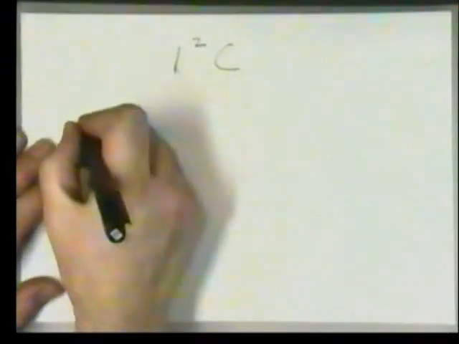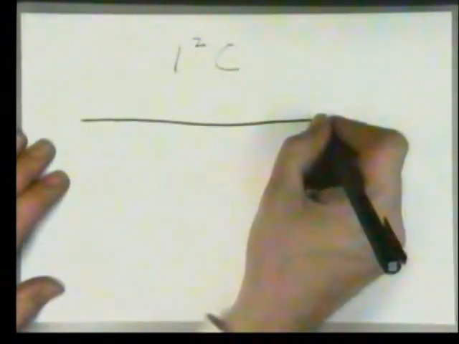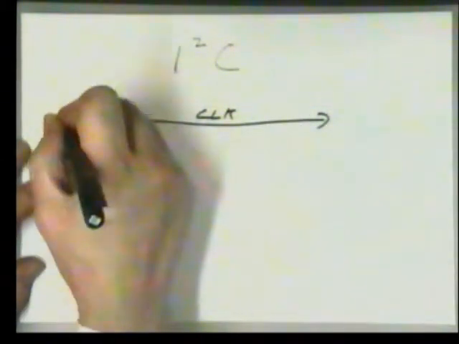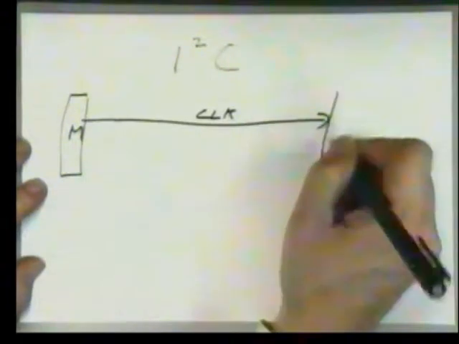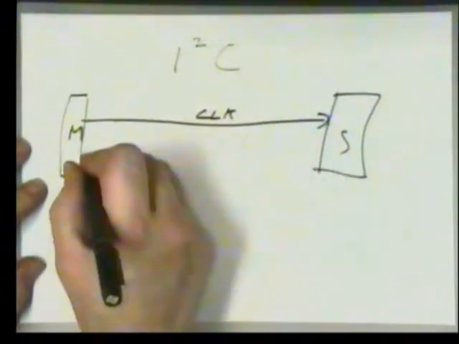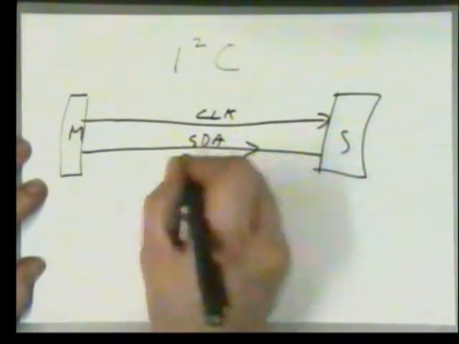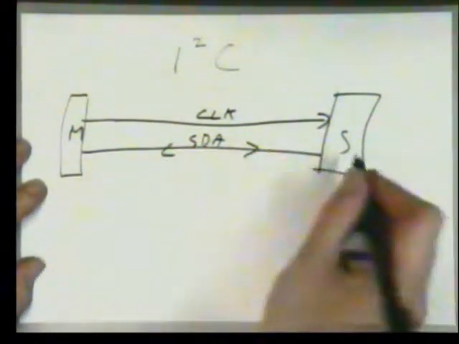I2C, Inter-Integrated Circuit. And the way that it works is that we have a single clock line that comes out of the master into the slave device, and a single serial data SDA line that is bidirectional.